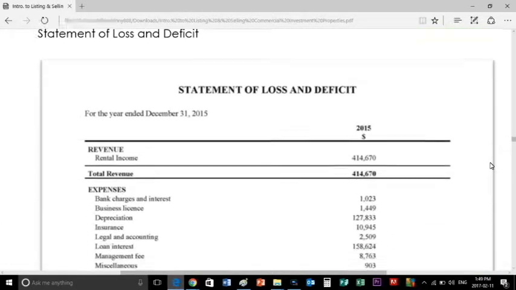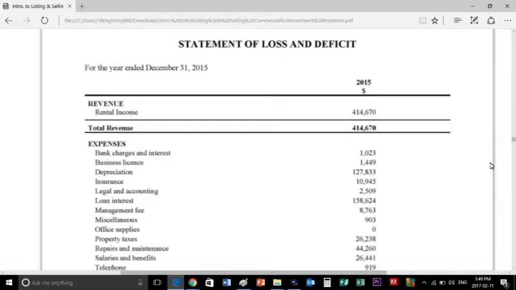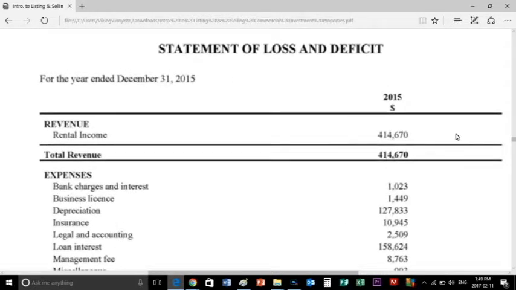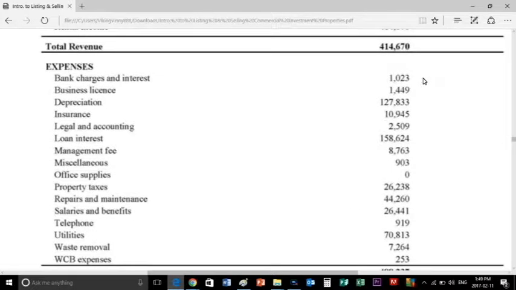So you have the statement of loss and deficit here for the year ended December 31st, 2015. So we have the rental income, $414,670. Total revenue is the same. Expenses, let me enlarge this here. So we've got bank charges and interest, $1,023.